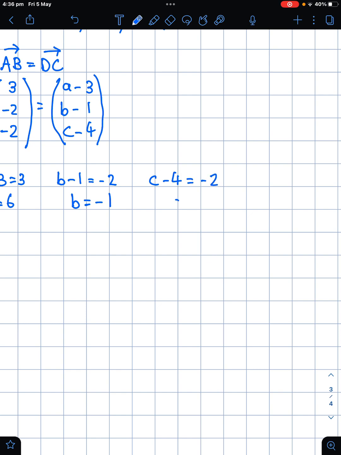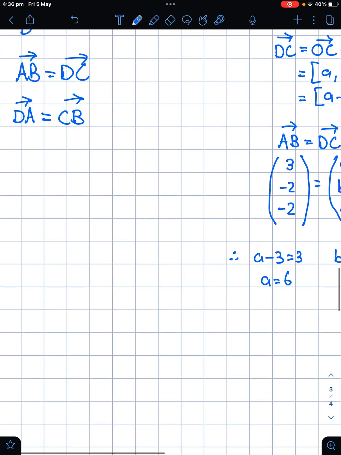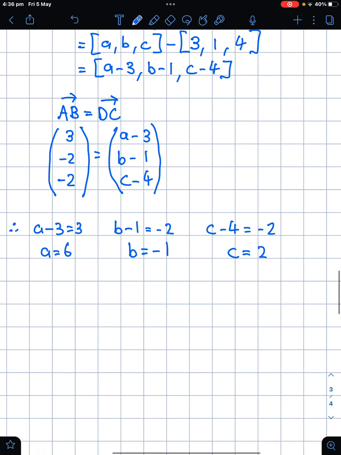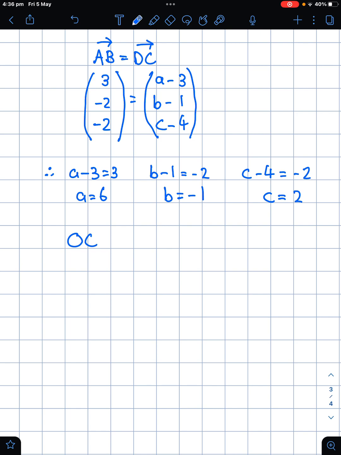I add 4 to both sides, I get C equals 2. So I've got these coordinates here. And so if I put these back in, I've got my OC, which is my coordinates of my C1. So therefore, OC equals 6, -1, and 2.